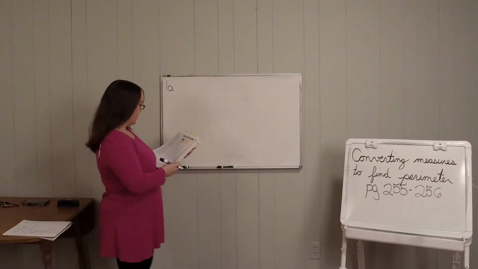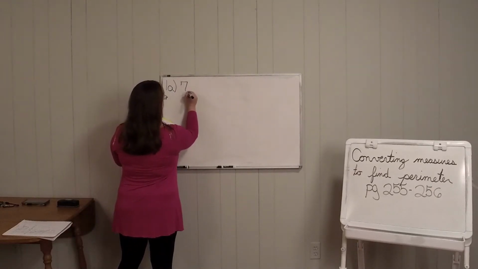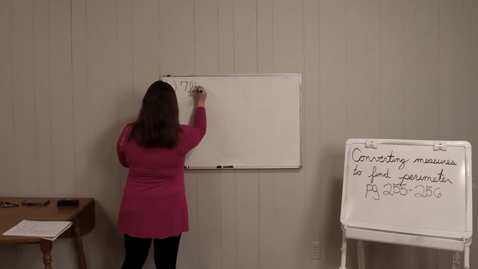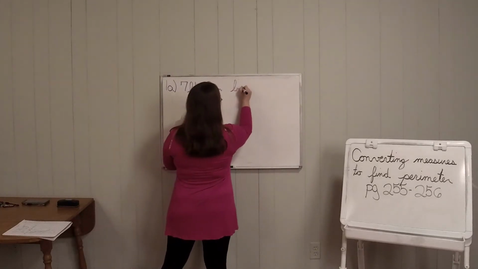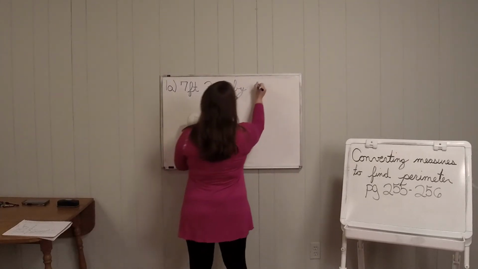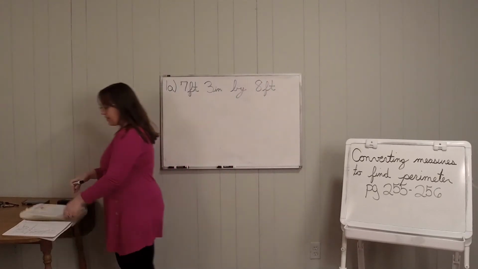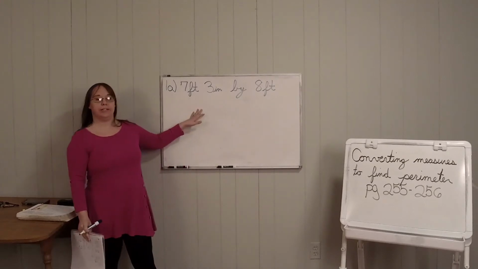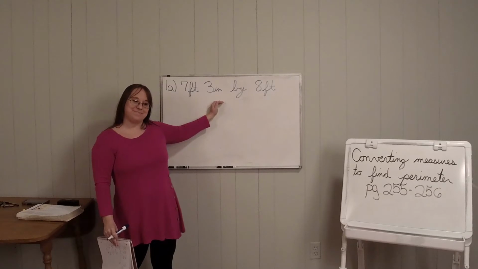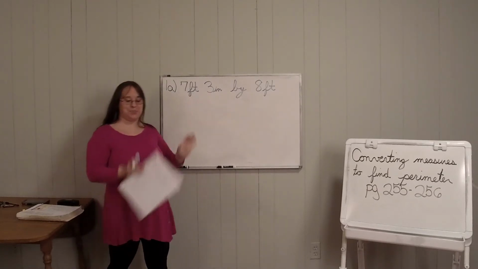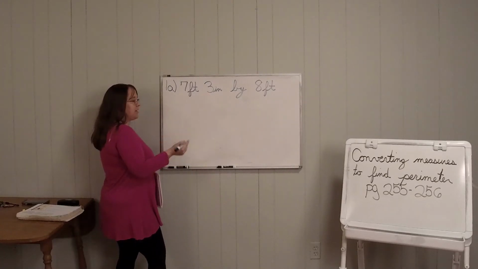So class, for number 1A, it was 7 feet, 3 inches by 8 feet, okay? What's the biggest form of measurement up here? Is it feet or is it inches? It is feet.